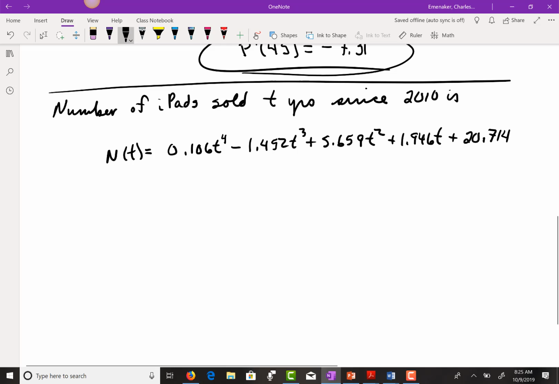Okay, so what does this mean? Number of iPads sold t years since 2010 is that. How'd they get that equation anyway? Threw some numbers down, and there they are. You plot the data, and remember in review section 7, we talked about doing regression analysis. We could have gotten this equation. All I would have had to do is throw the data up there and say, okay, plot the data. What type of equation will fit that data?